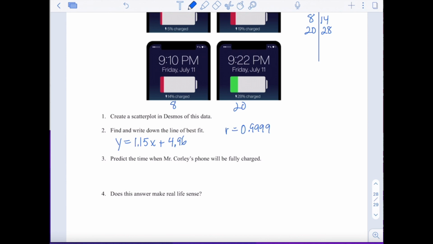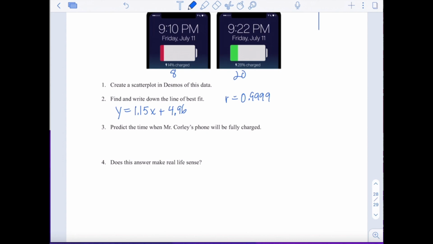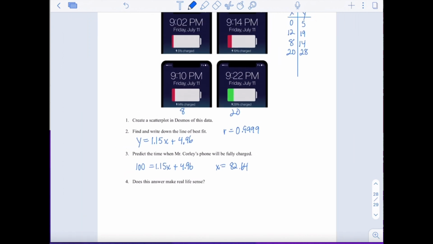Okay, when will Mr. Corley's phone be fully charged? So we want our percentage to be 100. With this, I get x equals 82.64 minutes from 9:02.